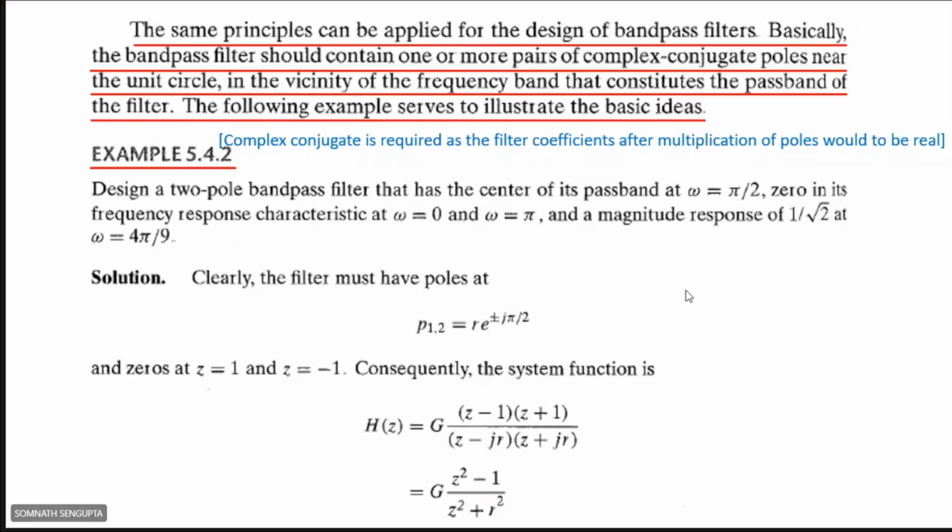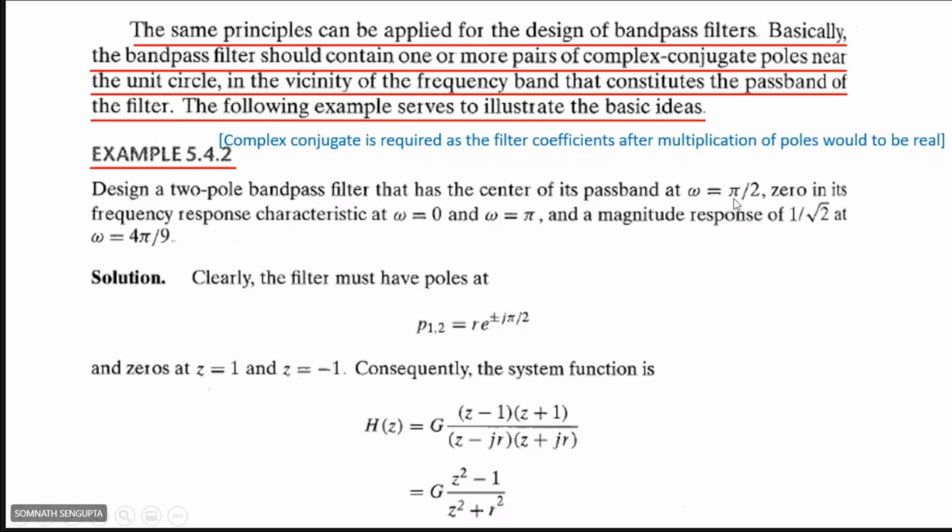How many poles are required? What is there in question? How many poles are there? Sir, 2 poles. So 2 poles and frequency is omega pi by 2.